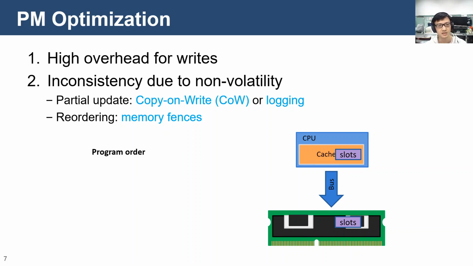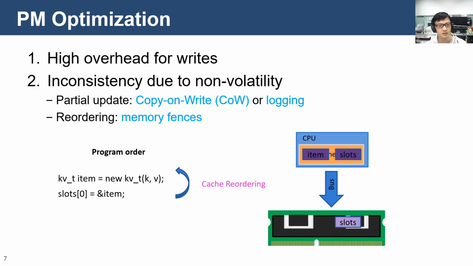Moreover, the persist order may be different from the issue order of store instructions. For example, the program allocates a new item before inserting the pointer to a slot. However, due to the cache replacement, the modified slot is persisted before the item, thus leading to an invalid pointer and inconsistency once failure occurs.